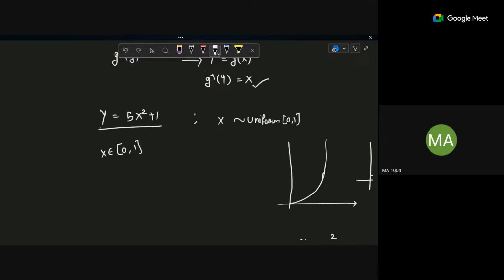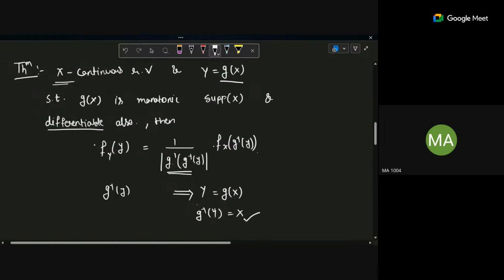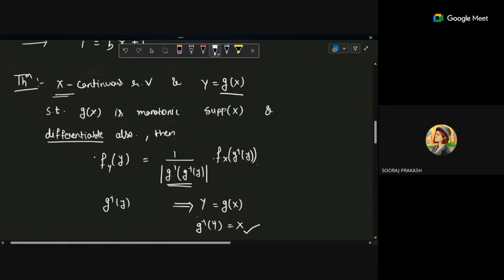So tell me whether we can apply this theorem. First, is this theorem clear to everyone who is present here? We can find the inverse only under a condition. Which condition was that? Continuous. Your function should be one-to-one, and if it is monotonic and continuous, that also gives a guarantee for the inverse.